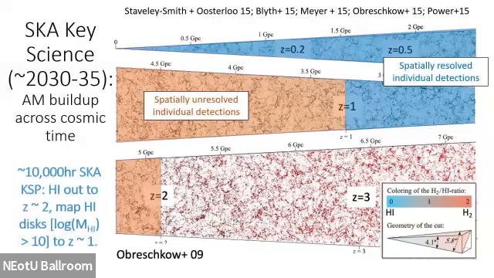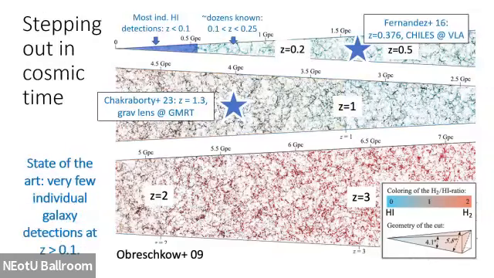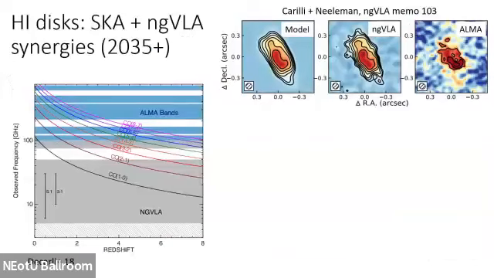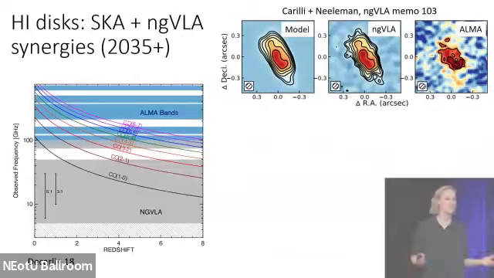Let's imagine we spend 10,000 hours with the SKA. What could you do? You could detect H1 out to a redshift of 2, and you could map H1 in galaxies like the Milky Way out to a redshift of 1. So we can compare where we are today to where we could be in 2035, and it's pretty exciting. Where will we be in 2035 with the ngVLA?